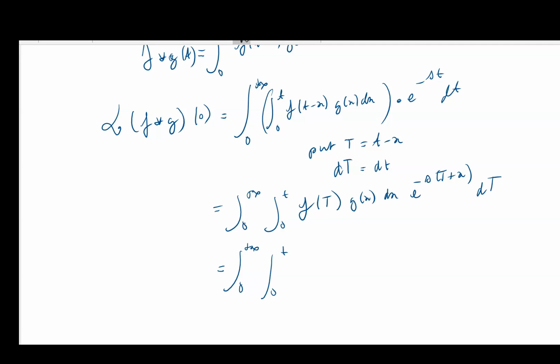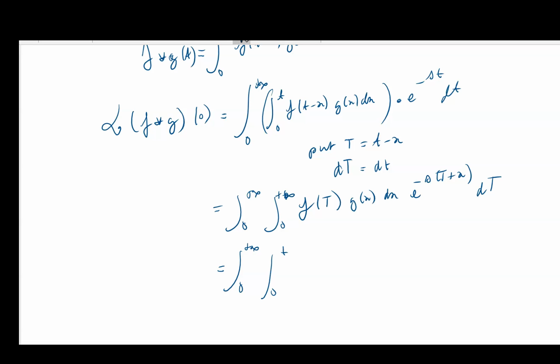When the capital T was small t minus x, and as x goes from 0 to plus infinity, so now, sorry, when small t goes from 0 to plus infinity, we get that the small x should go from 0 to plus infinity if we rebound our bounds.